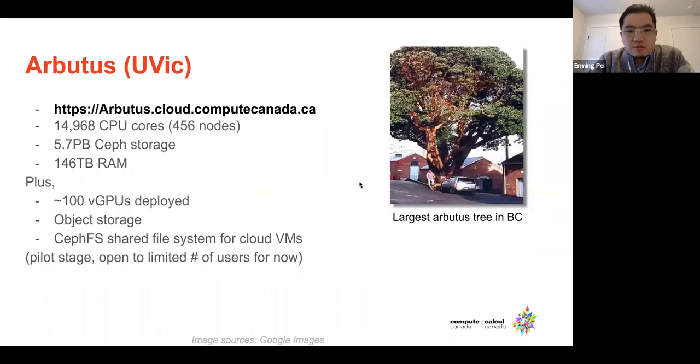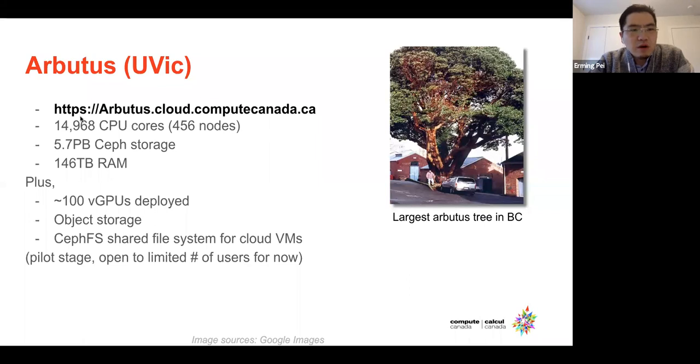Here we can see the resources, how many CPU cores and how much storage Arbutus has. By the way, Arbutus is named after a kind of tree in BC. From the picture, we can see this is the largest Arbutus tree in BC.